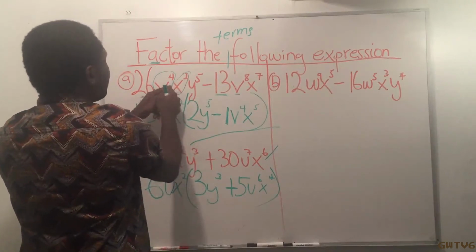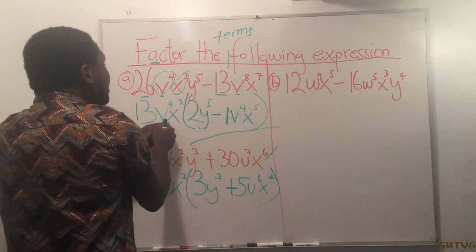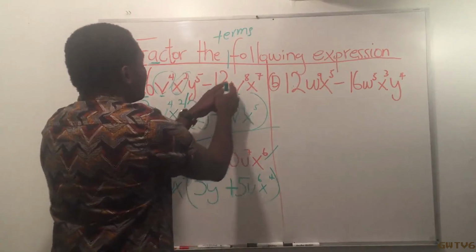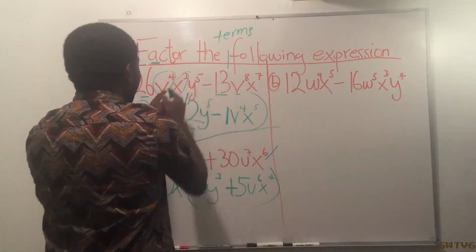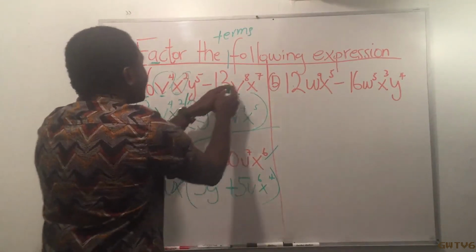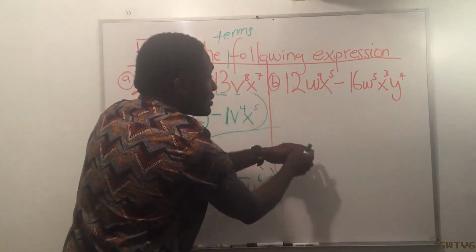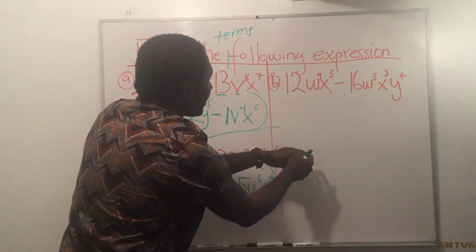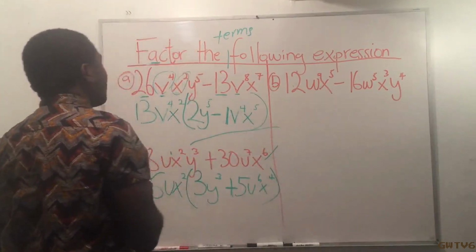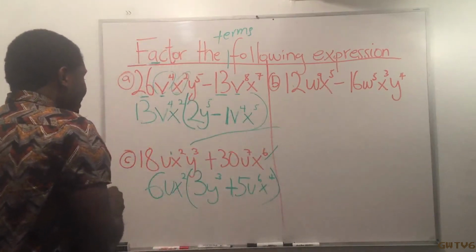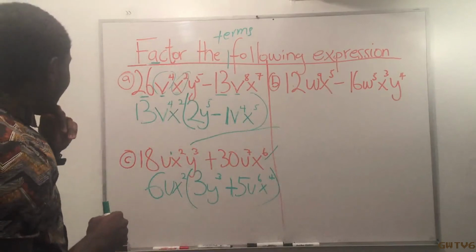I take each term, divide by what I have outside, and that goes in. So the first term divided by what I have outside, second term divided by what I have outside. I can do that on the side. Whatever I get, I put it right inside parentheses.